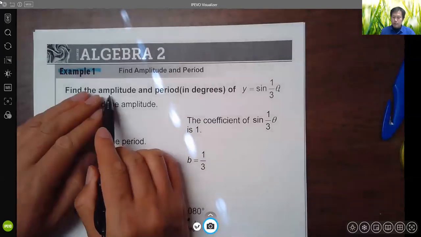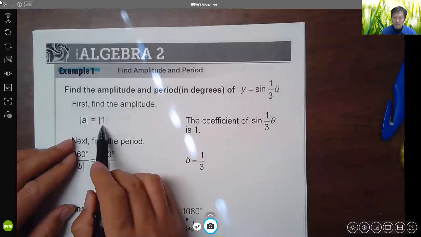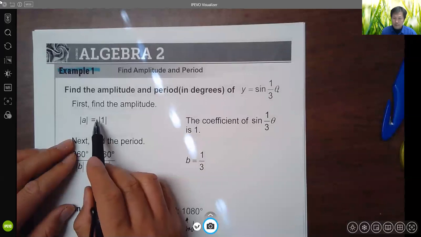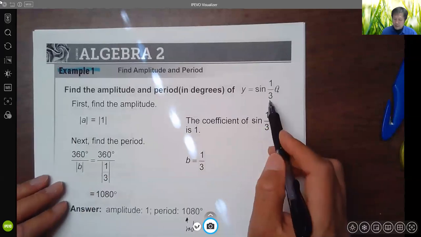So amplitude means value of A. Value of A is the coefficient of sine. There's nothing there. What does that mean? That means it's 1. Amplitude is 1. Okay, 1/3 is the value of B. So how does that affect our graph?